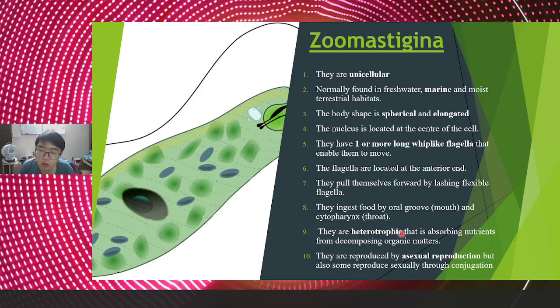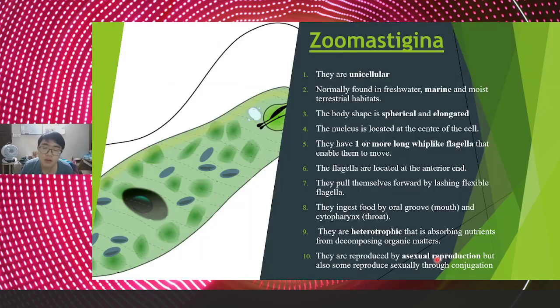And they are heterotrophic, absorbing nutrients from decomposing organic matter. They reproduce by asexual reproduction, but some reproduce sexually through conjugation. Normally they reproduce asexually.